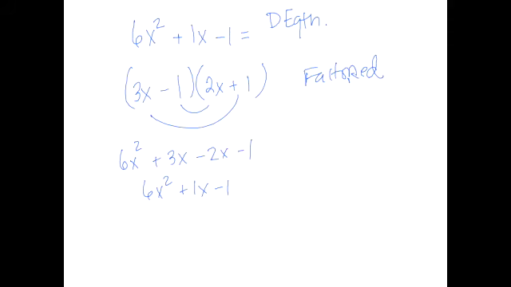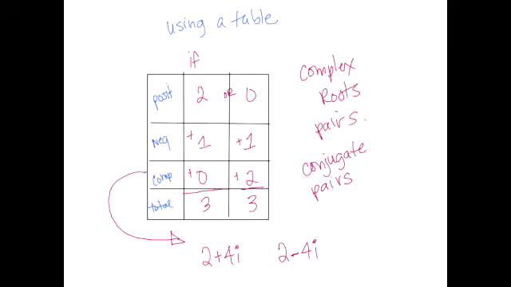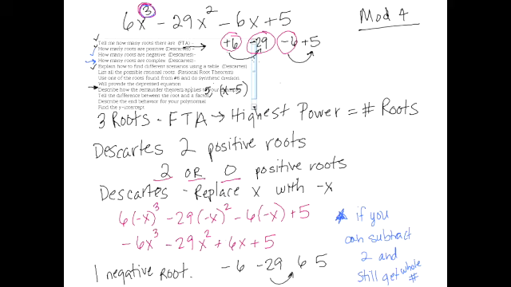Okay. Now the problem did not ask us to find all of the factors. It said use one of the roots to find the depressed equation, and we did, using synthetic division.